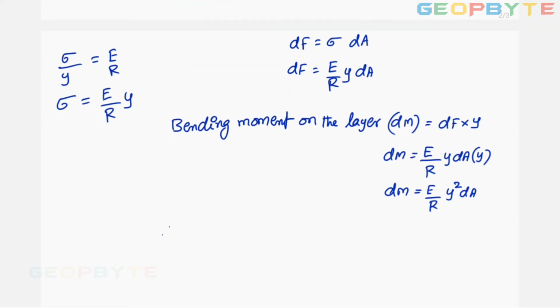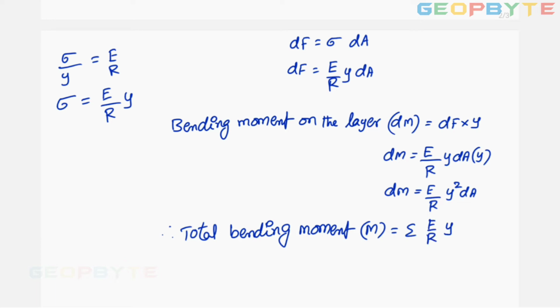That is the bending moment for the layer only. Therefore, the total bending moment M equals the algebraic sum of dM, that means the algebraic sum of E by R into y square into dA.